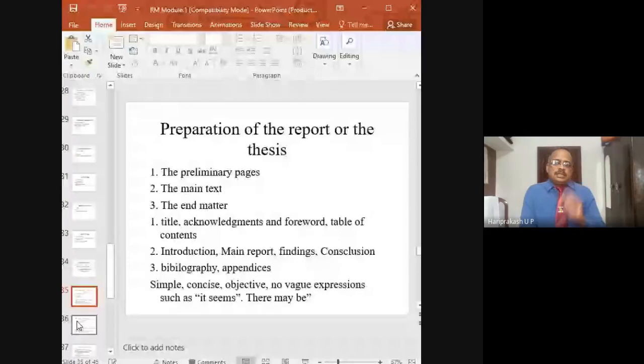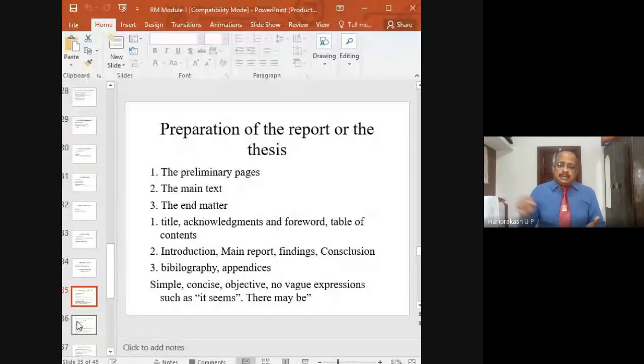When you are writing a report, there are certain things that have to be remembered. The language should be very simple. It should not be too lengthy. It should be very clearly objective. No vague expressions. Vague expressions are the words that we use when speaking with our friends and relatives, or when messaging; no vague terms, and no abbreviations should be used in reports.